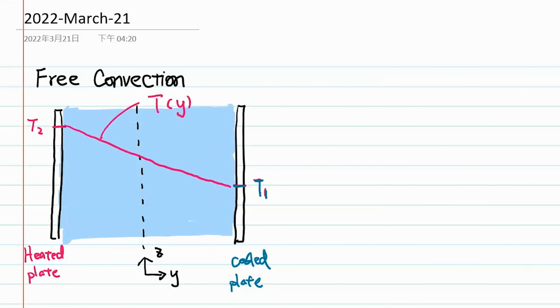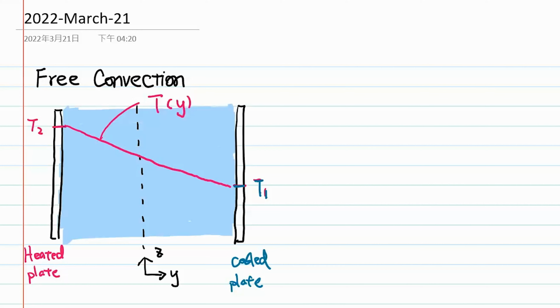So the question is, what happens? Because we know that the density of a fluid is related to the temperature. Typically, at higher temperatures you have a lower density, and at lower temperatures you have a higher density.